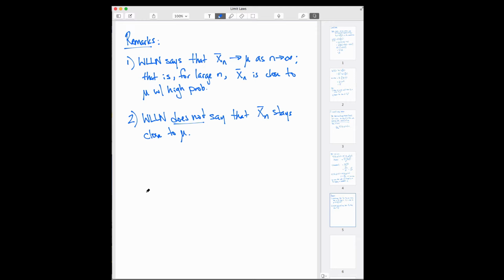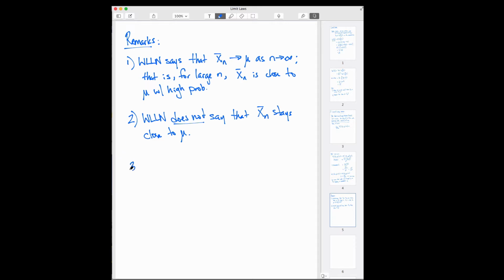The weak law of large numbers says that the proportion of heads will be close to 1/2 with high probability, but it doesn't prevent strings of bad luck being hit that temporarily pull away the sample mean from 1/2. And so that's why the weak law of large numbers does not say that we stay close to that, because it doesn't talk at all about those strings of bad luck. We'll return to those strings for the strong law of large numbers.